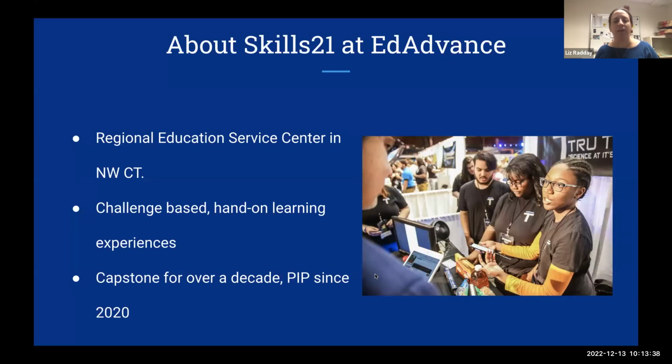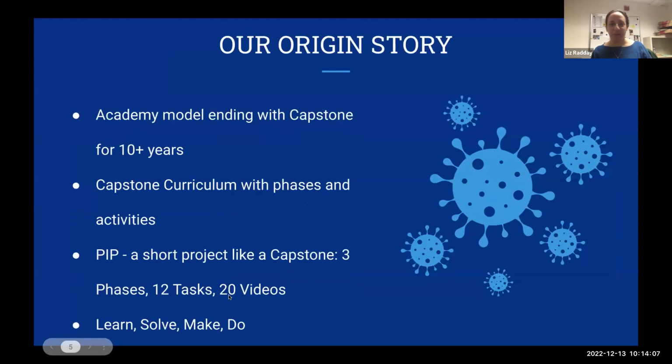And we have been doing work in Capstone for over a decade. And we started PIP in 2020. And Skills 21 has had a variety of grants from National Science Foundation, Department of Education. So we've done a lot of research on what we've done, but we've also just been working in schools for 2 decades. So let's talk about what happened with PIP.